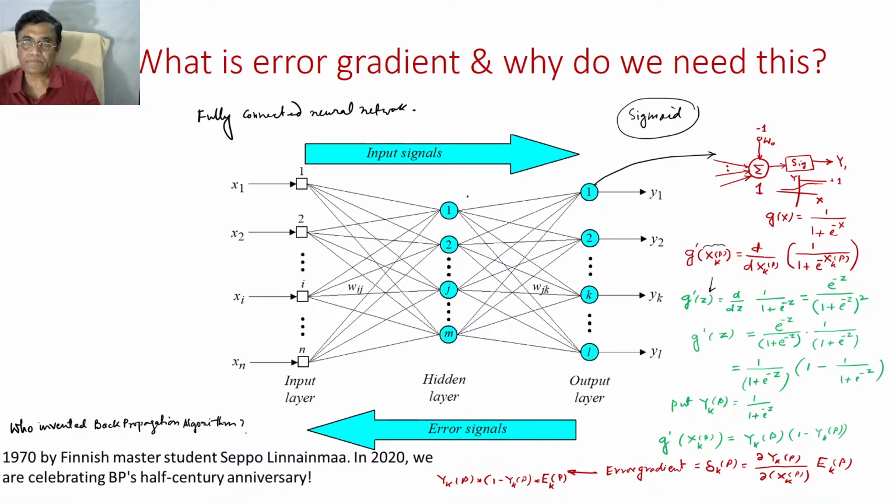Now let us try to understand how the algorithm can be formulated. As you know, I have a data set X and Y, where Y desired corresponds to some X as input, at the output layer.